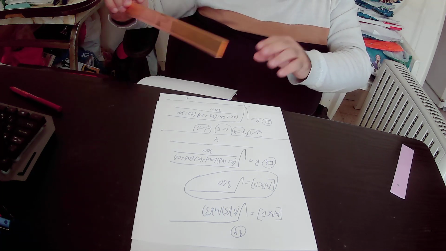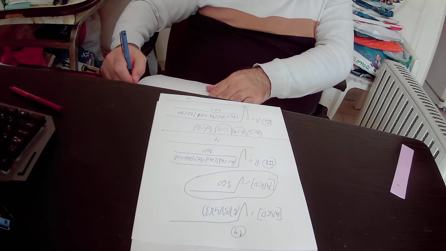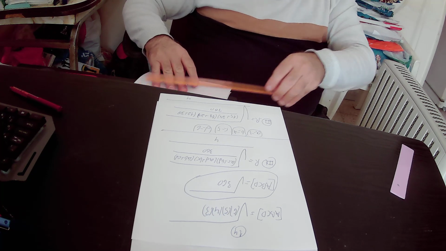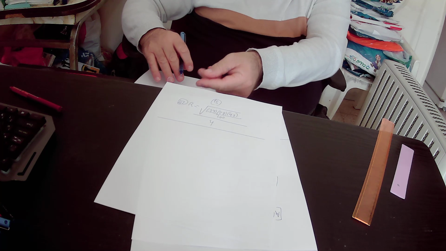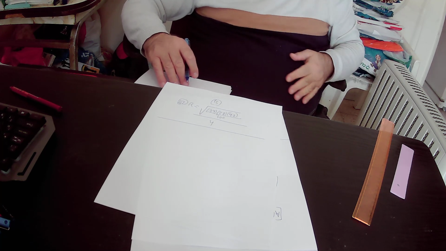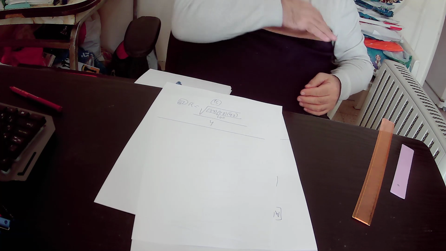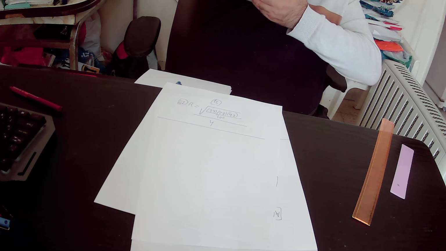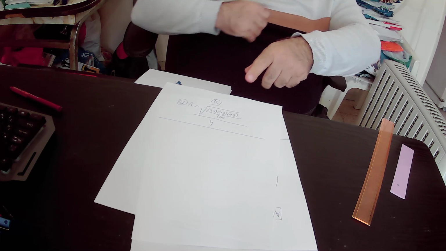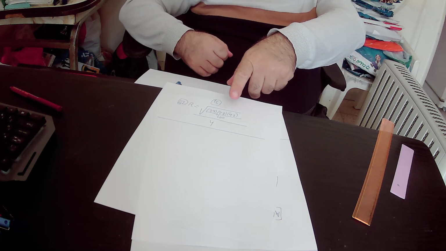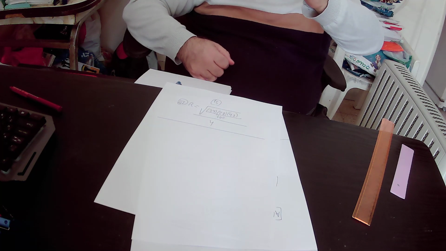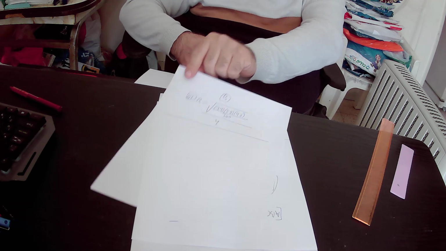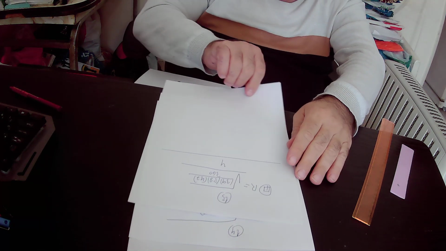So R equals this expression. So here we have 39 times 38 times 42 over 360 equals 172.9. So I will write it down.